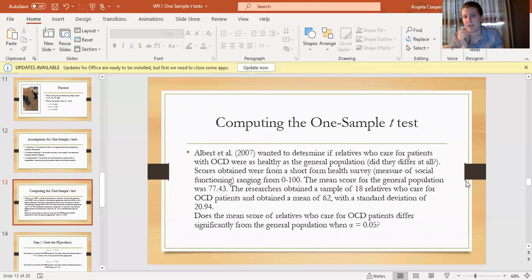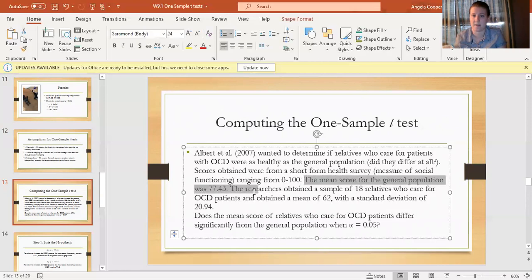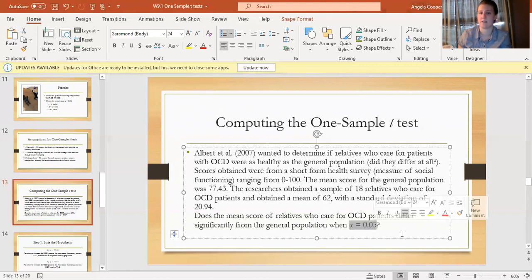We have the population mean of 77.43, from the mean score for the general population. So we have the information we need to go ahead with the one sample t-test. But does the mean score of relatives who care for OCD patients differ significantly from the general population? And there we have our significance, when alpha is set at 0.05.